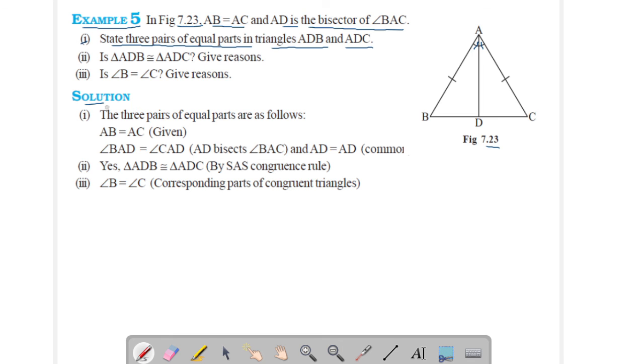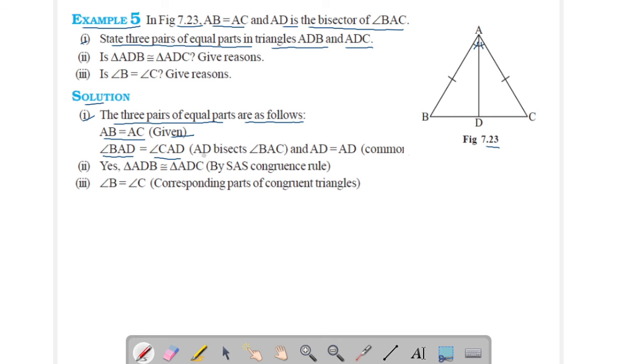See the solution. First part, the three pairs of equal parts are as follows. Here AB equal to AC, this is given to you. Angle BAD equal to angle CAD.